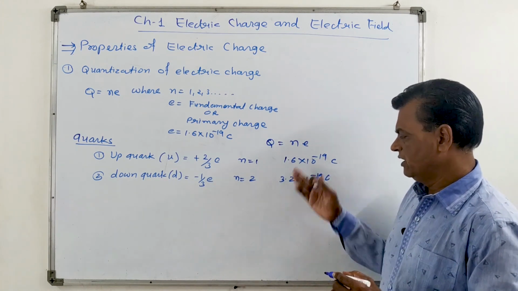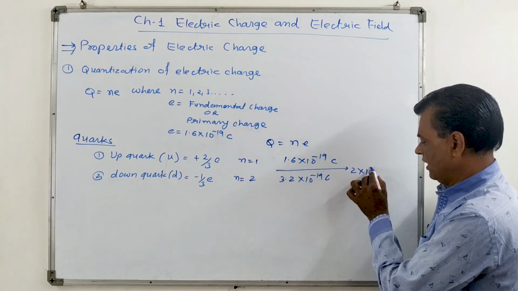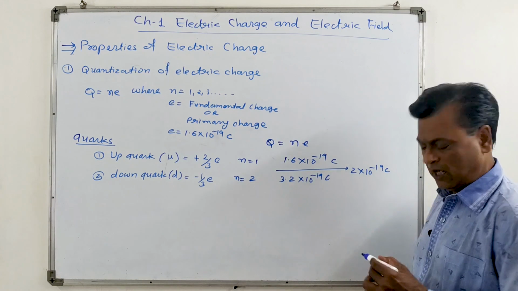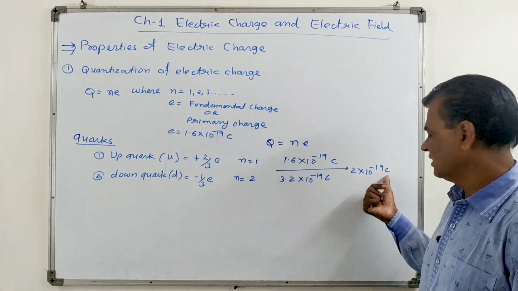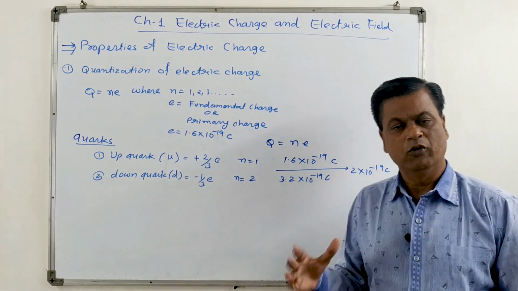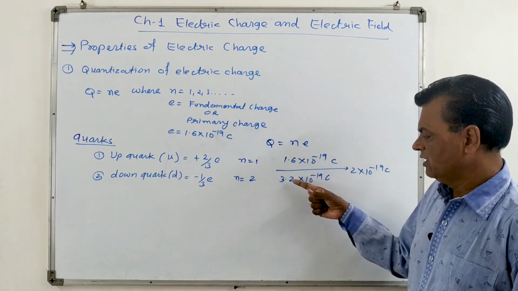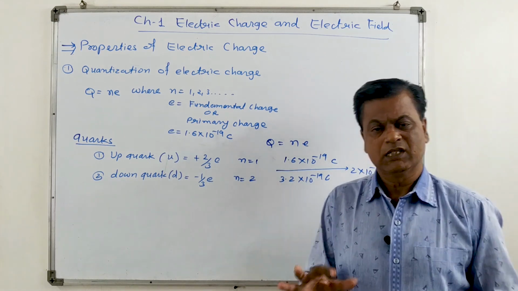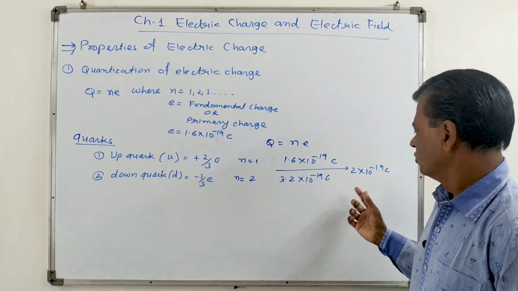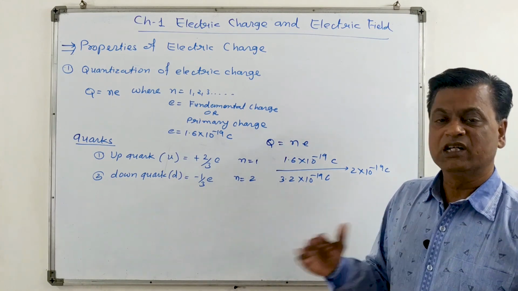So in between these two numbers, the number 2 into 10 raised to minus 19 coulomb lies. If I say that charge on body is 2 into 10 raised to minus 19 coulomb, then I am not correct, because the numbers lying between these two numbers are never possessed by the charge. So the value of charge is not continuous, it is discrete.